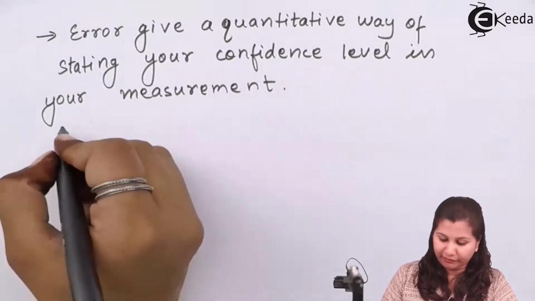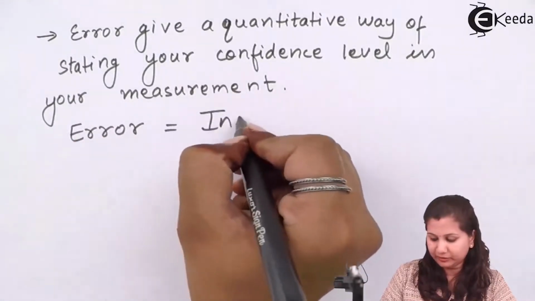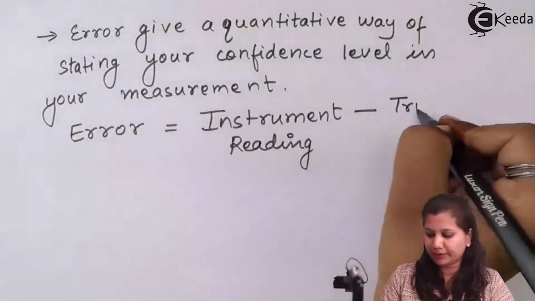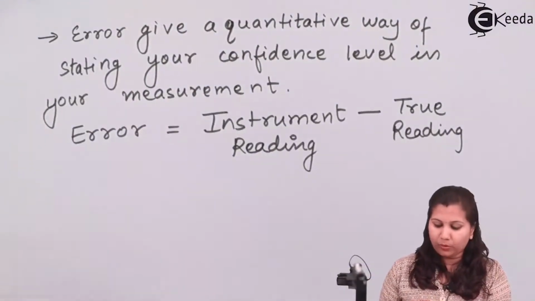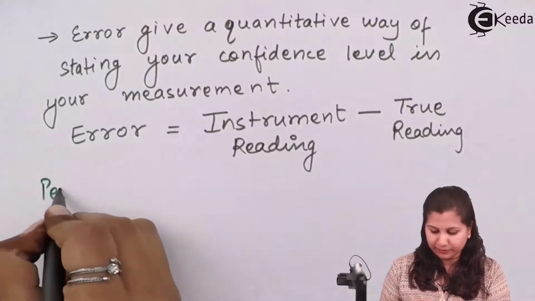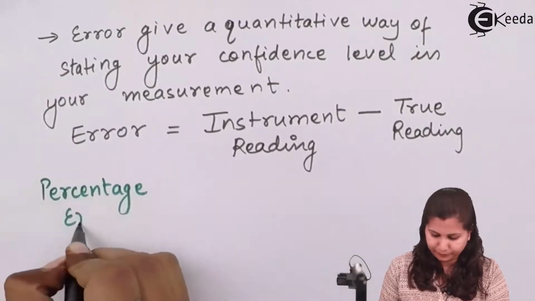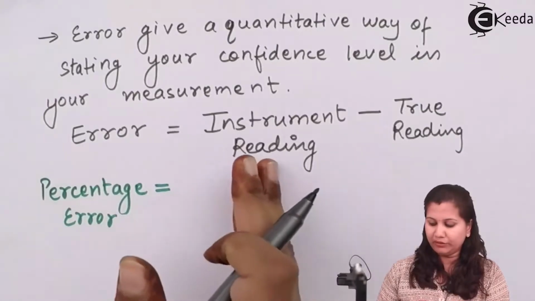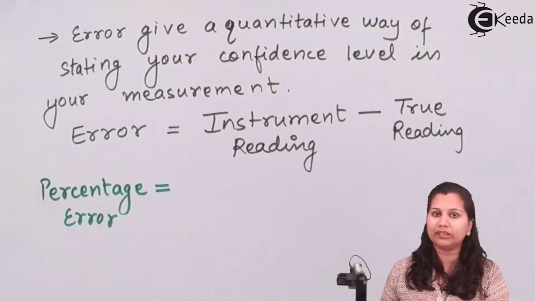Also we can define this error as the difference between the instrument reading and the true reading. Now this error can also be expressed in the form of percentage error. So percentage error will be instrument reading minus the true reading, divided by the true reading, multiplied by 100.